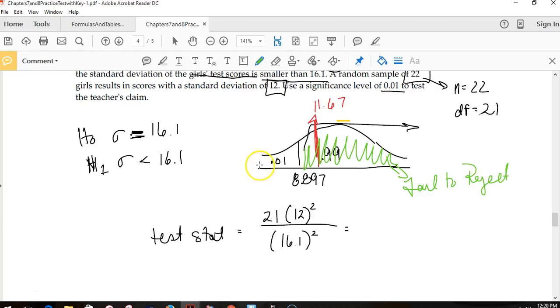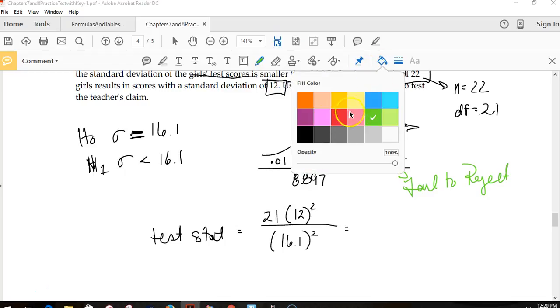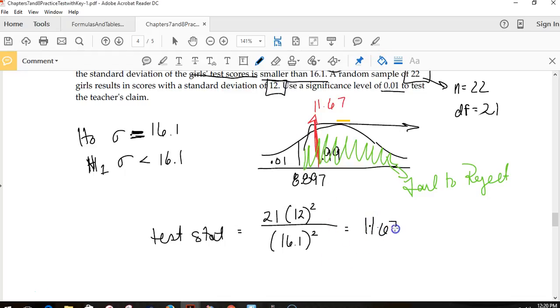If it lands in the tail or the red zone, then that's a reject. So this is going to be a fail to reject. I'm going to fail to reject the null.